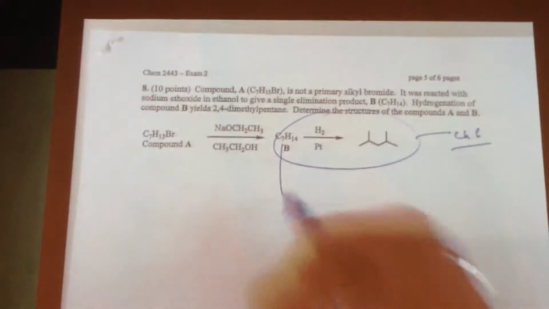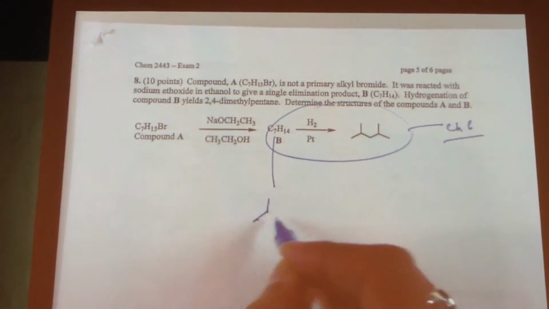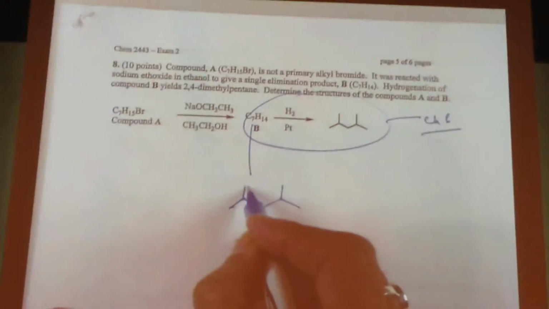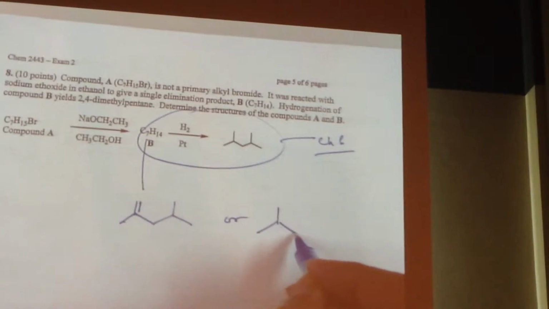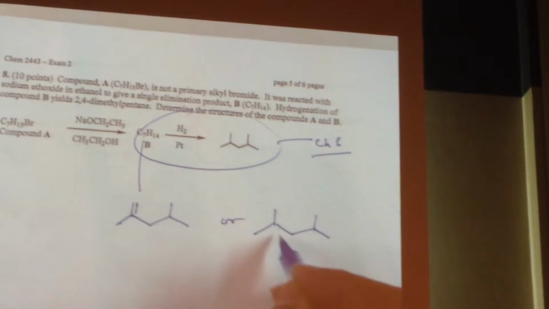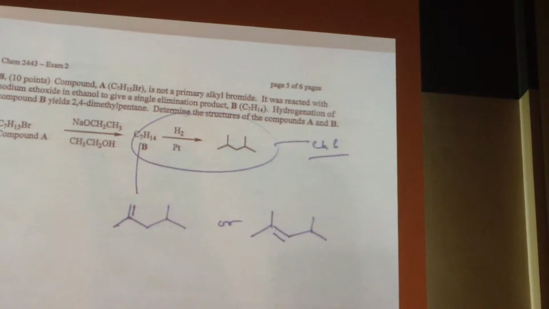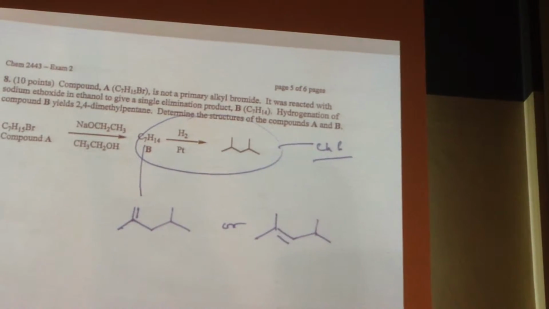So C7H14 can be, let's write the skeleton here. And then you can introduce the double bond either here or here. So those are the two alkenes that are possible.